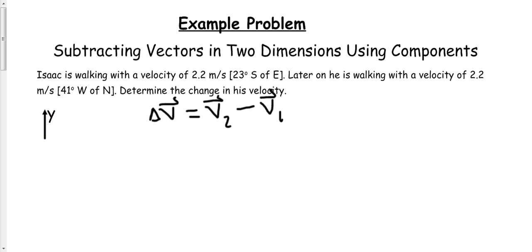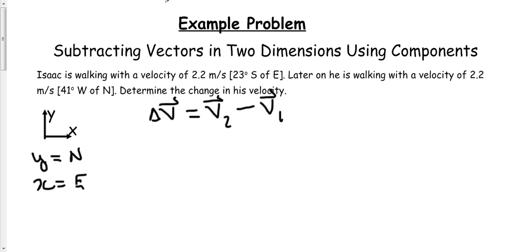And that means that this way will be positive x. Do I have to call it that? Not necessarily, but let's use convention so we don't get confused. So maybe we want to put a little note: y equals north, x equals east.